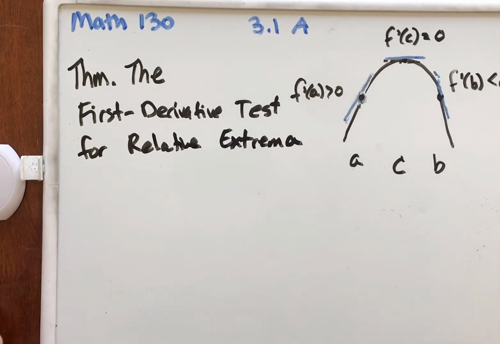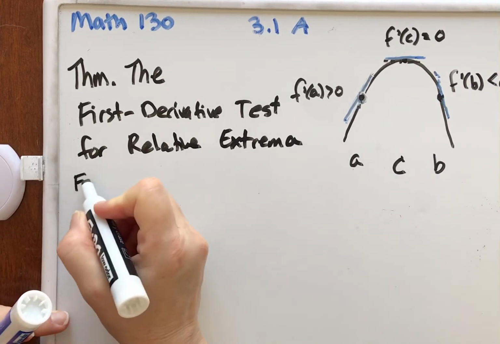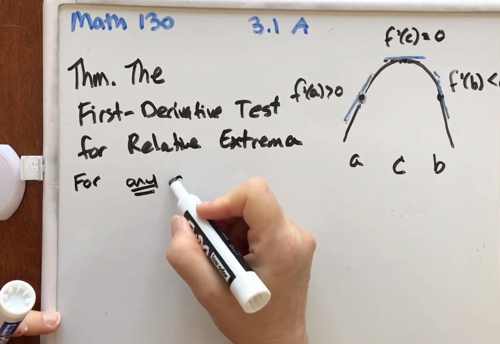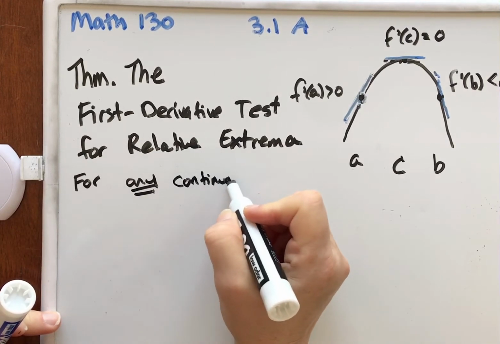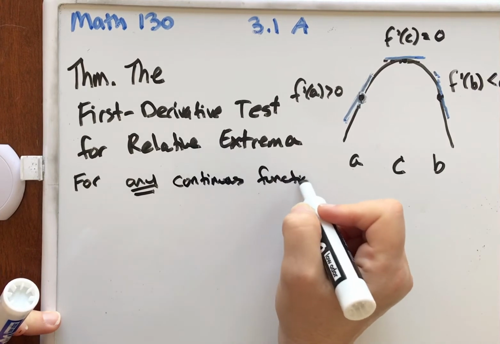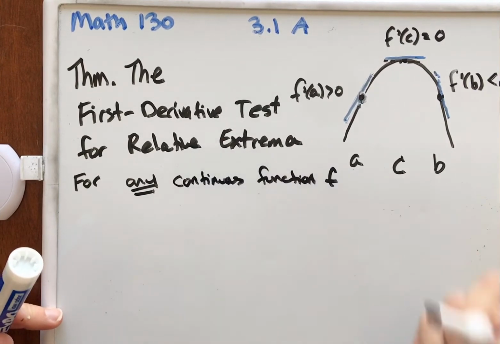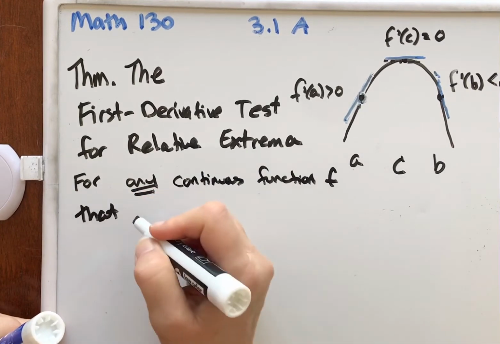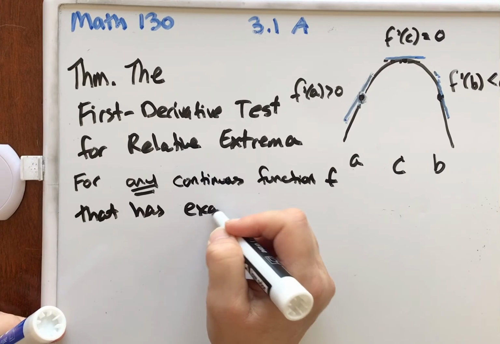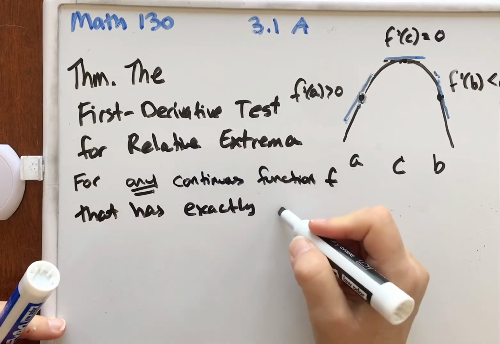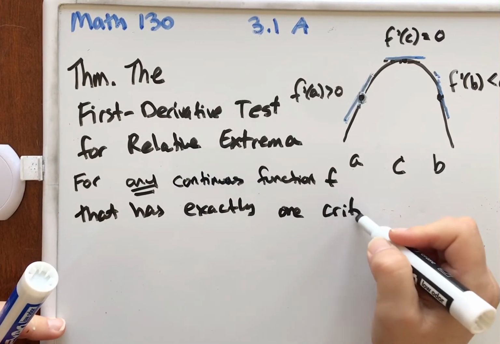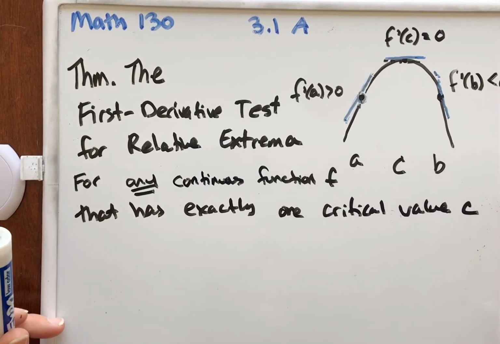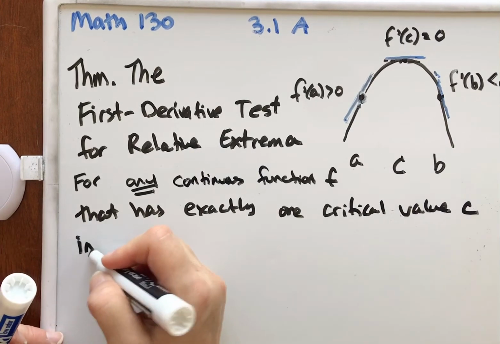Okay, and it states, for any, I'm going to underline any, continuous function f that has exactly one critical value c in interval AB.